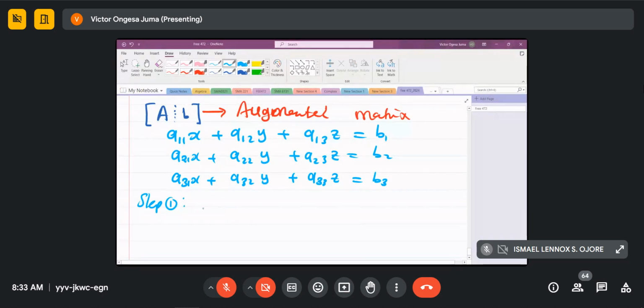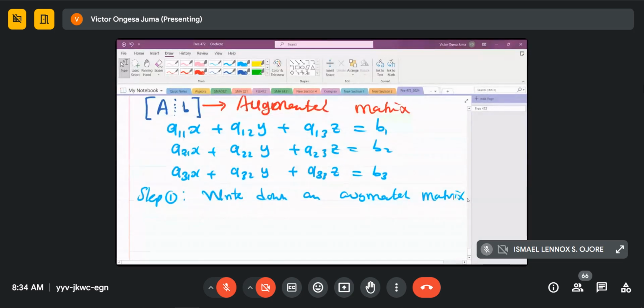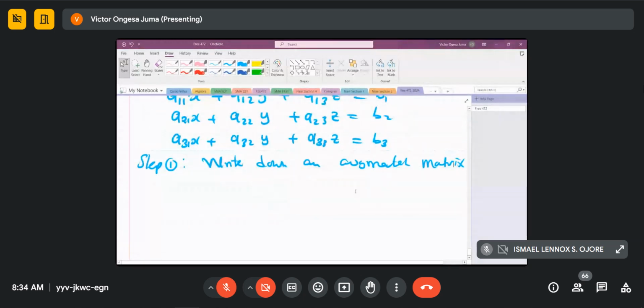Write down an augmented matrix. And what's an augmented matrix? It is simply the matrix of coefficients written together with the vector of solutions.